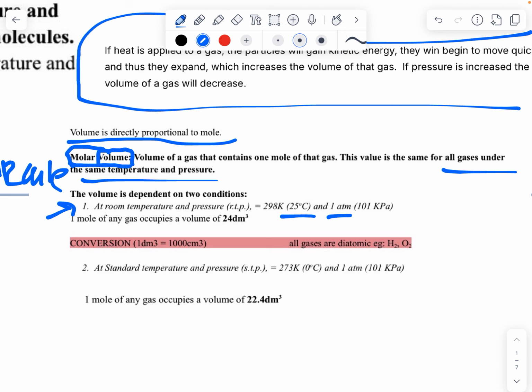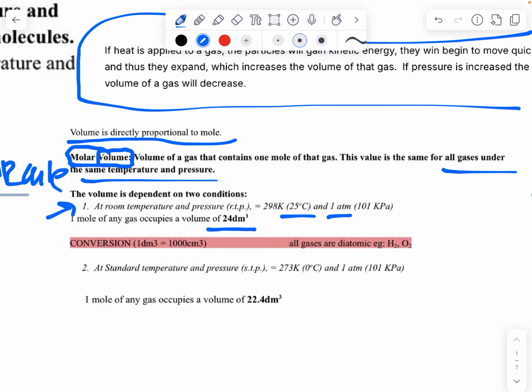Any gas at room temperature will occupy a volume of 24 dm cube. So if we have oxygen gas at room temperature, it's going to have 24 dm cube. If I have hydrogen gas at room temperature, it's going to have 24 dm cube. That's how Avogadro's law comes back in. Remember, same temperature and pressure.